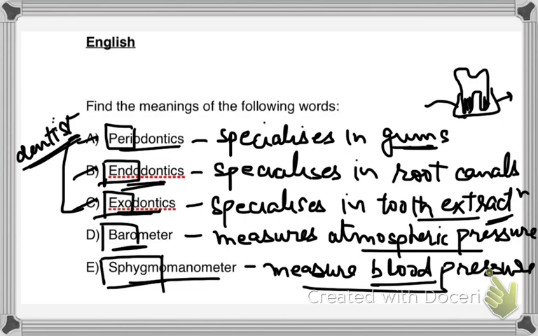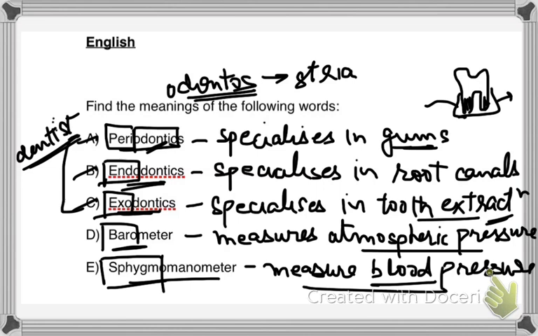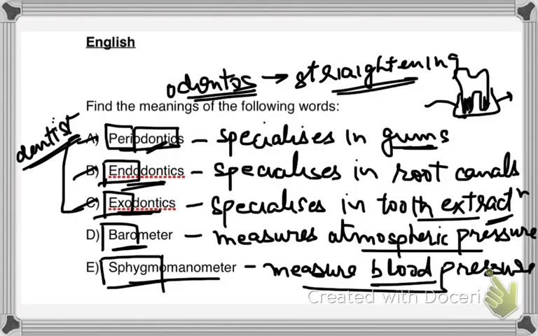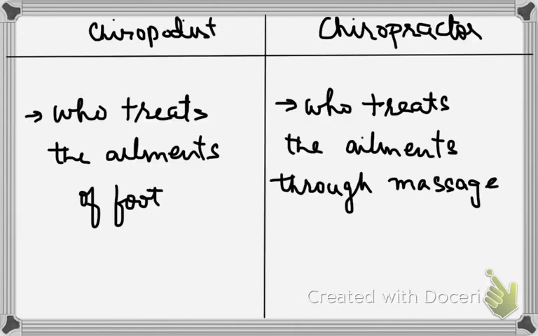Okay, so these are your roots, and odont is another root which means straightening. Just remember this root. With this we move on to your next slide, which is the difference between chiropodist and chiropractor. These two words we have seen earlier also in our previous worksheets.